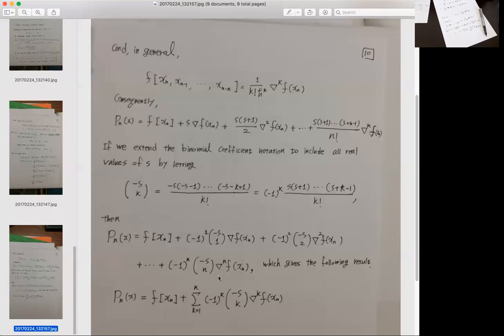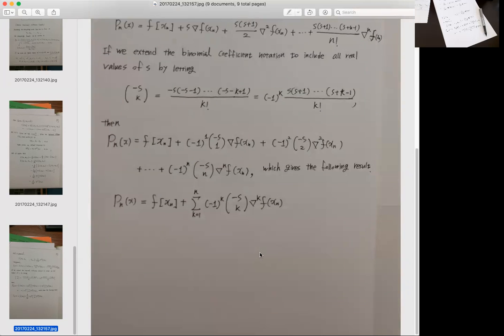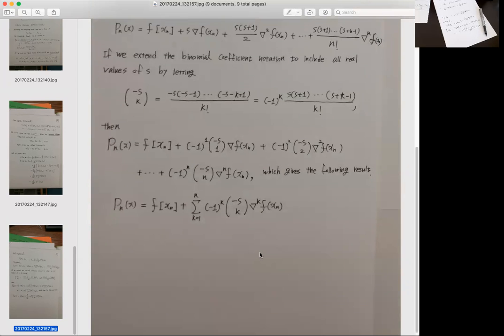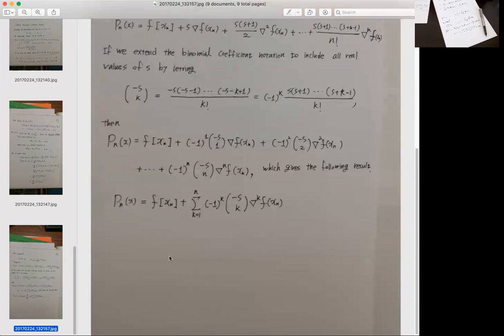This can be simplified as f of x_n plus the sum of negative 1 to the k-th power times the binomial coefficient of negative s choose k, or you can say combination, and then nabla to the k-th power f of x_n. Okay, that's the end of section 3.3. Let me stop here.